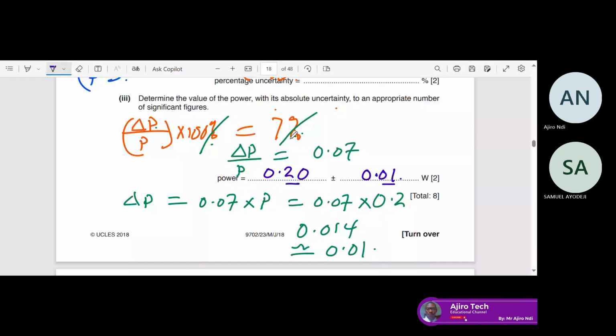They usually examine it in paper one. Let's continue, it's fine. Maybe I'll send it to you. There's nothing like a calibration curve in the current syllabus. Maybe it was in the past one, in the syllabus you are using now. Let me see.